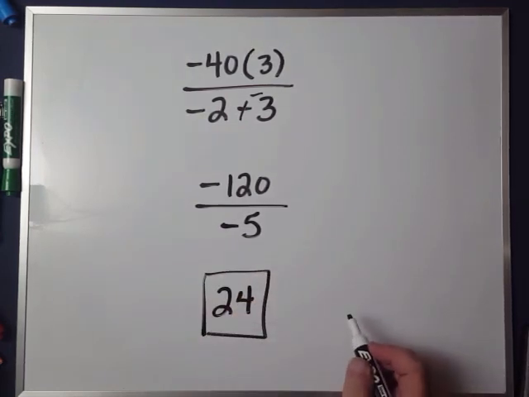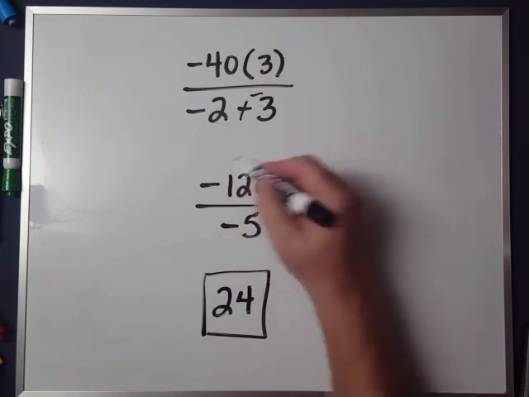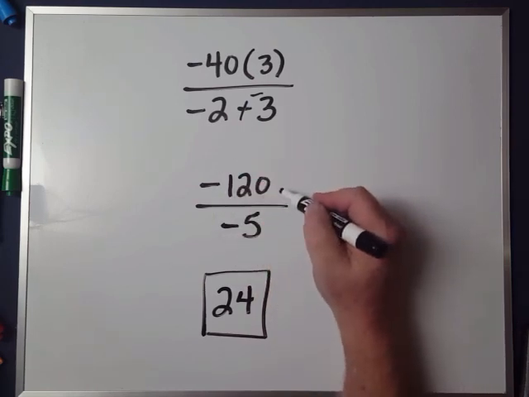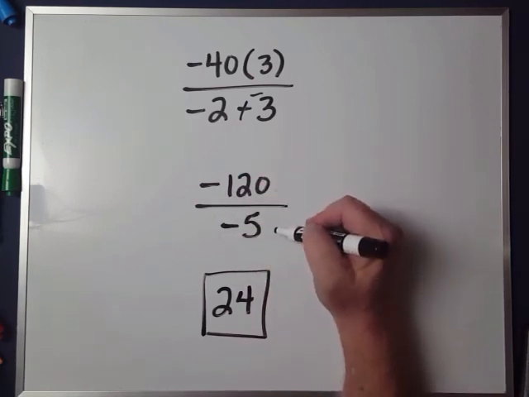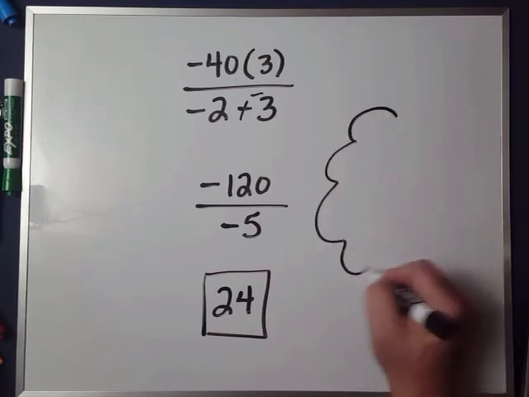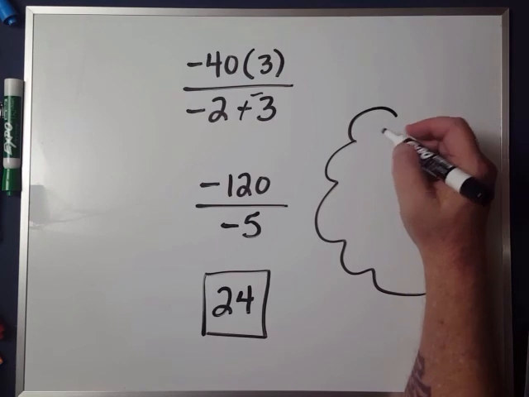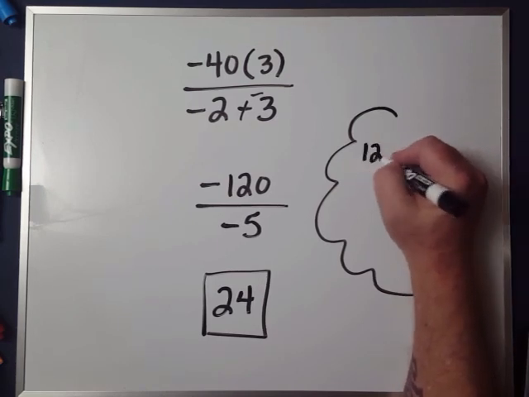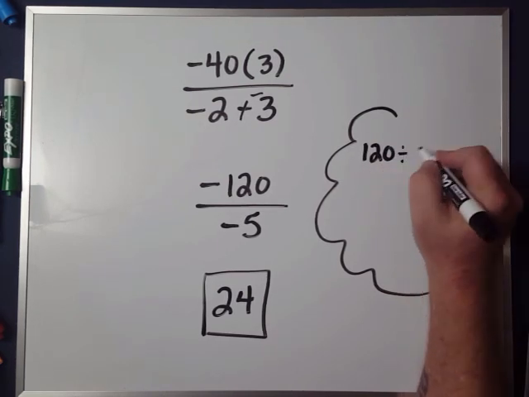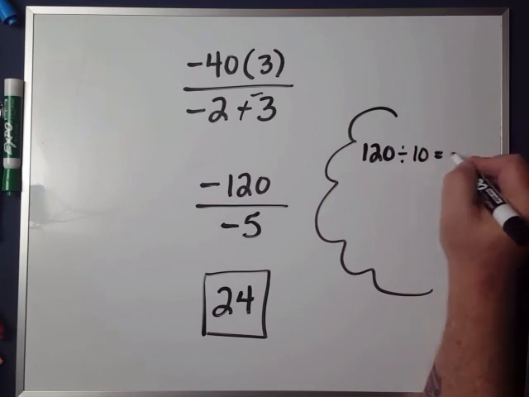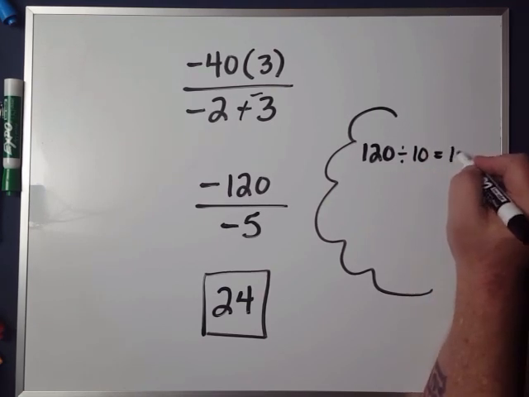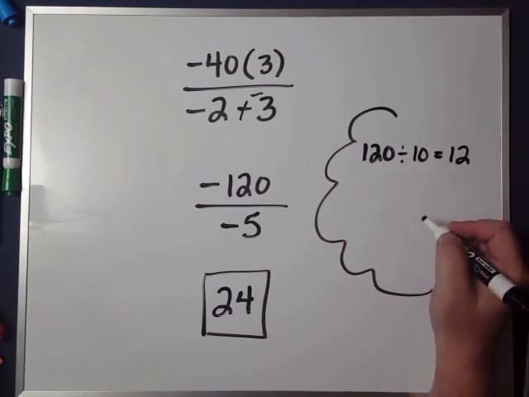Positive 24. Let me show you something that happened in my head as I looked at this division. That cloud means that's me thinking. I'm thinking, you know, if I had 120 divided by 10, that would be 12. That's easy enough.